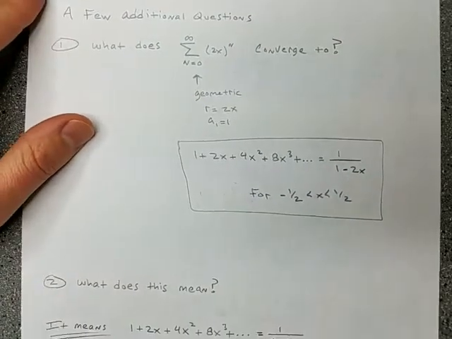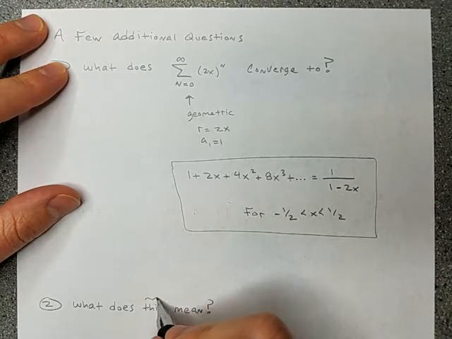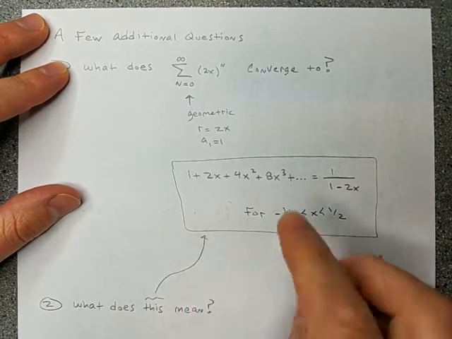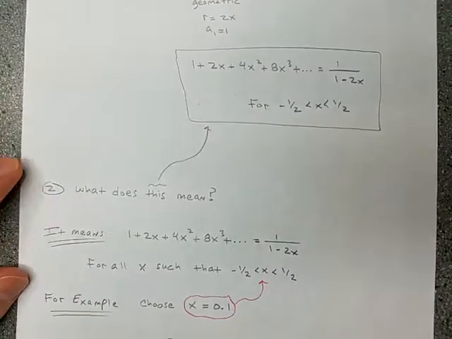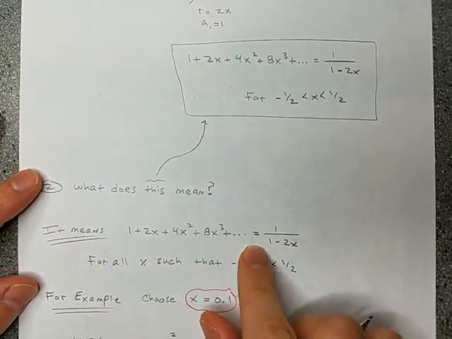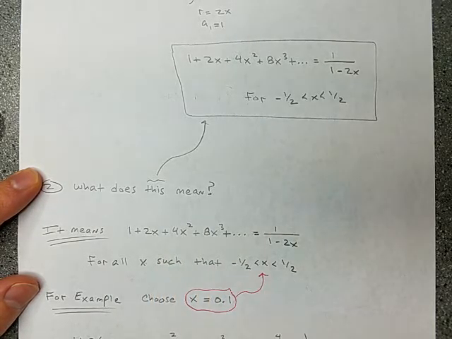Let's illustrate that. What does this mean? Well, it means that this equals that for all values of x in that interval.